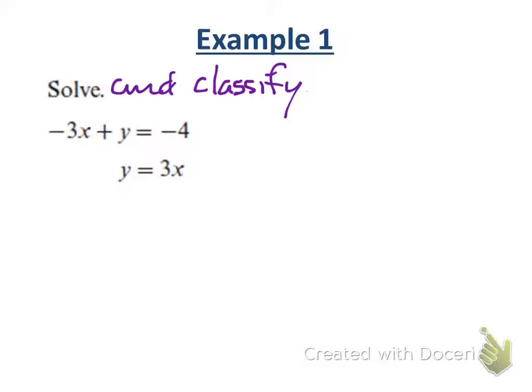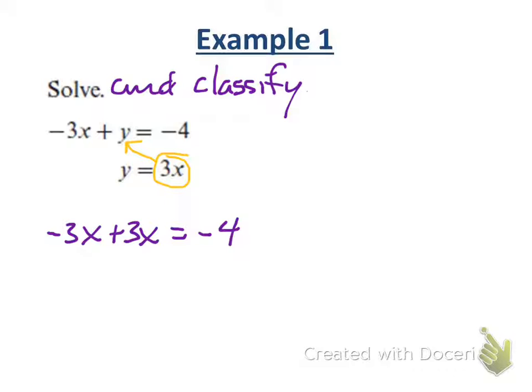Because we already have one of the variables solved for, y equals 3x. You should write this down. Everybody should write this down. We're going to substitute 3x in the place of y. So that'll give us negative 3x plus 3x equals negative 4.